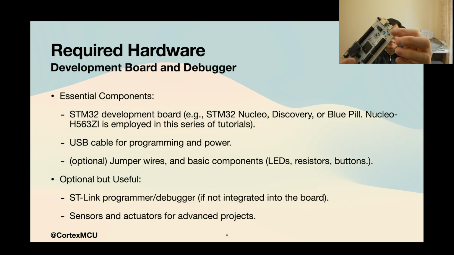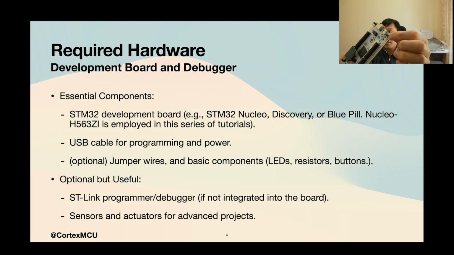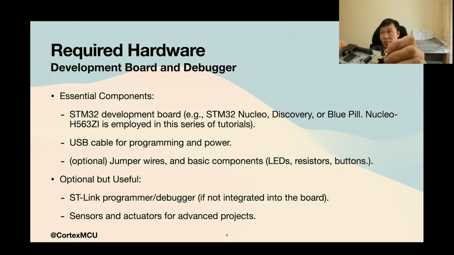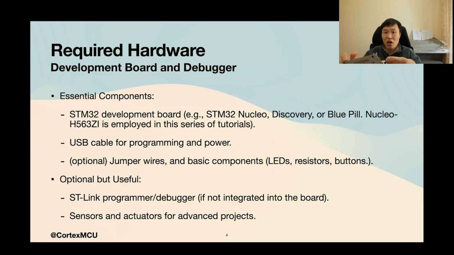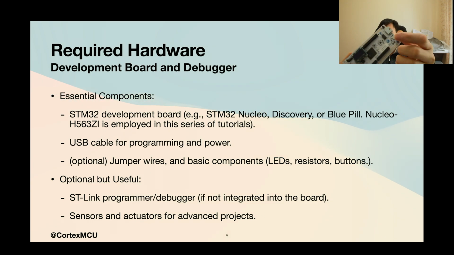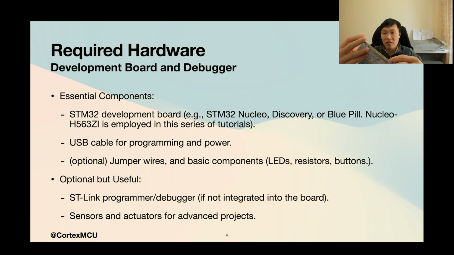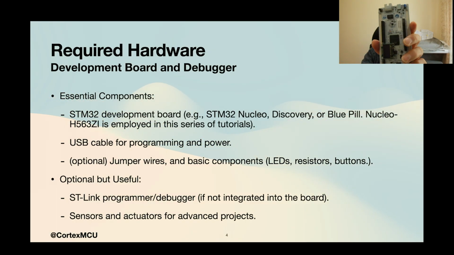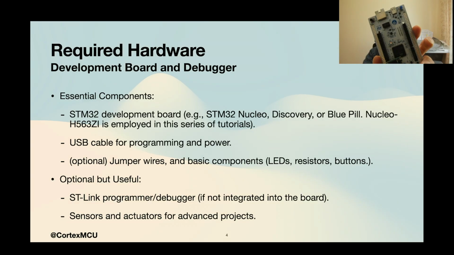The blue one is a button, and the black one is the reset button. Also, this LED is here. It's a little bit small, but we will light the LEDs in the future.